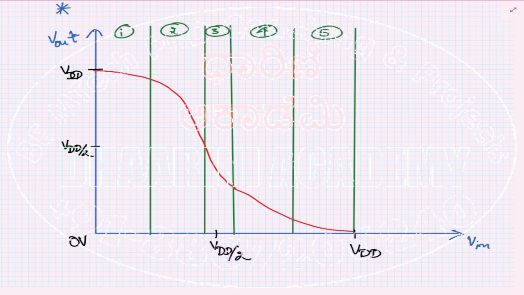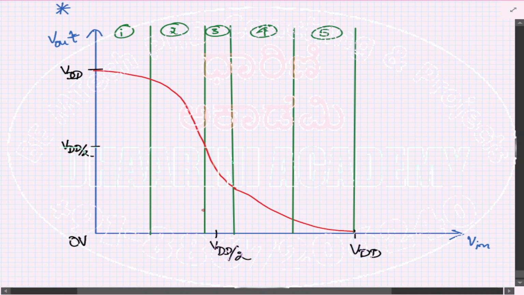Now let's mark some of the voltages for our reference. This voltage is the VT, which I'm going to call on. In order to turn on an N type, I need this much voltage. So VDD by 2 is already marked.